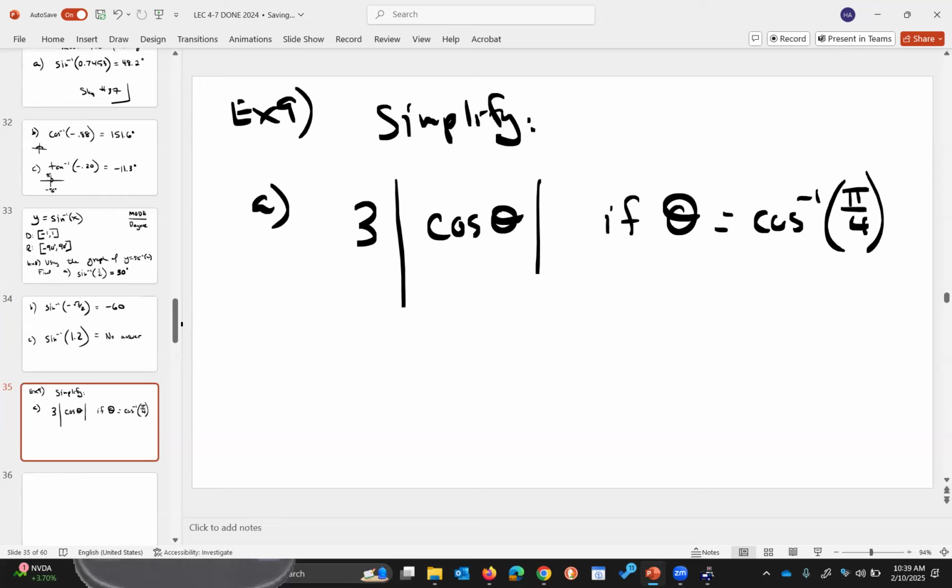So some algebra. I think it's cool. Define cool, right? Is that okay? So let's plug in like we normally do. We just plug in values. Is that right?